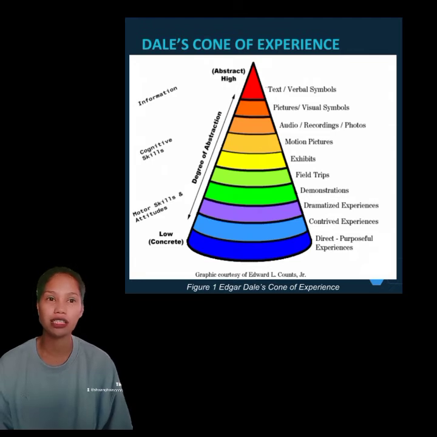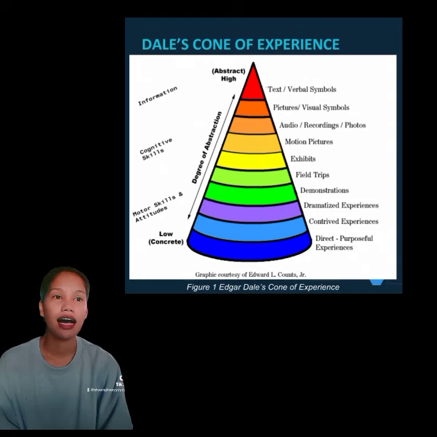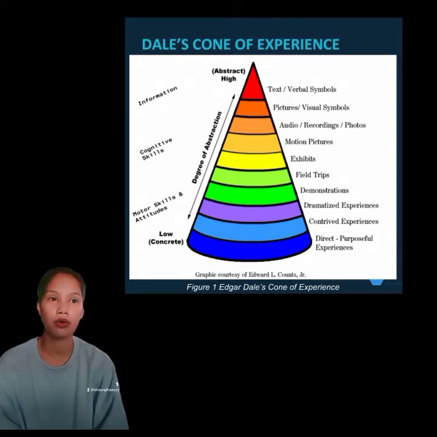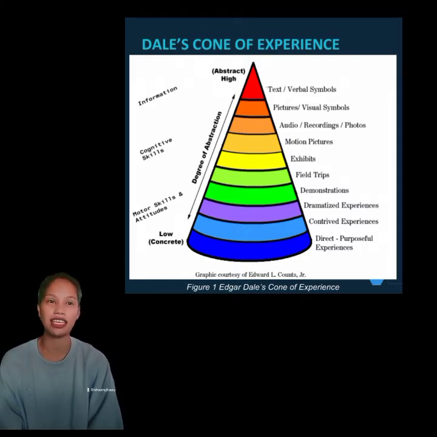The version of Dale's cone of experience with percentages as to which band will hone higher order thinking skills and engage learners more may be confusing, because it does not necessarily mean that learning takes place better when materials or activities belong to the upper level of the cone, or that the nature of involvement is more active if it is at the bottom.